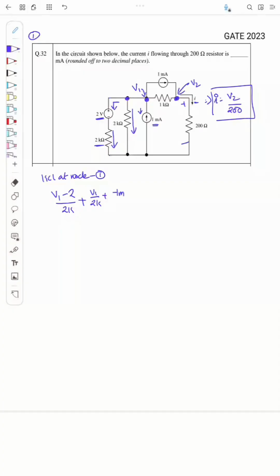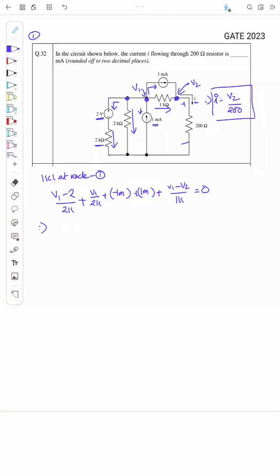And here one path is 1 milliampere, plus there is a path like this, so this current is (V1 minus V2) by 1k, that equals 0.